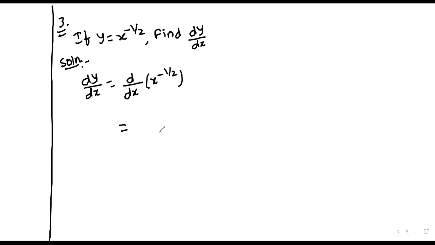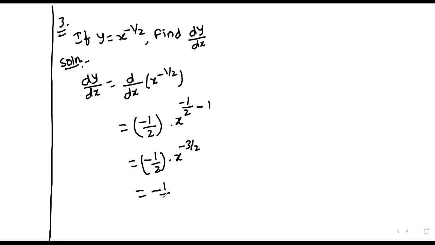Instead of n, we have minus half, so minus half into x power n minus 1, that is minus half minus 1. Take LCM. Minus half minus 1, I can write as minus 3 by 2.